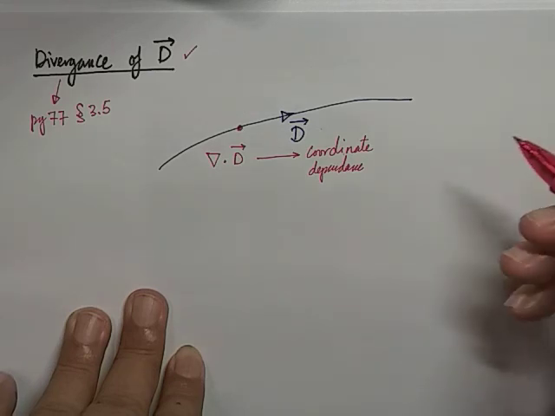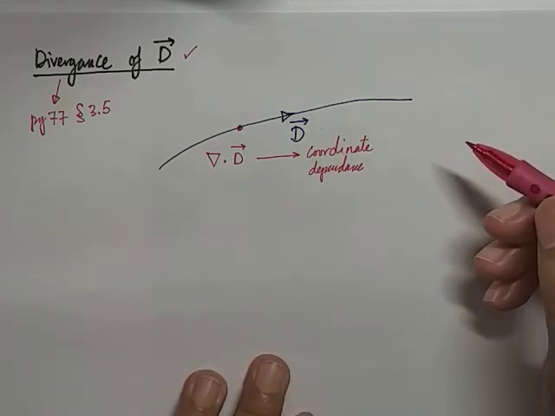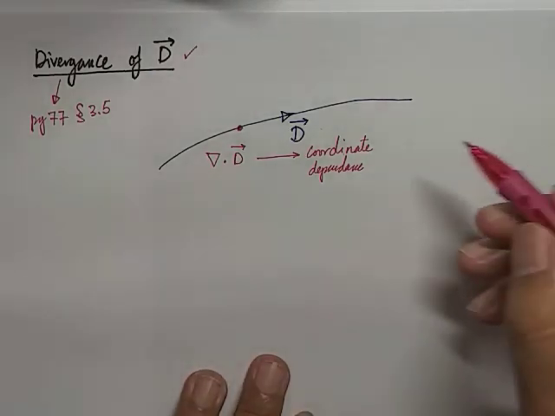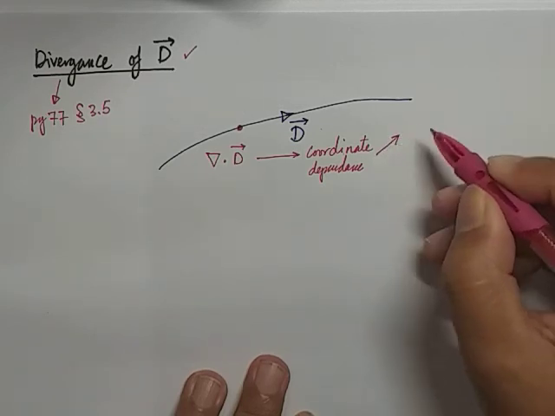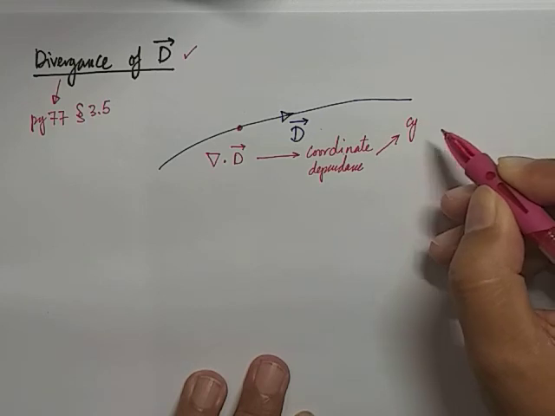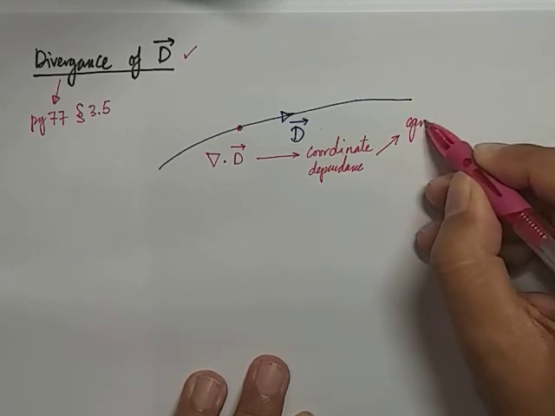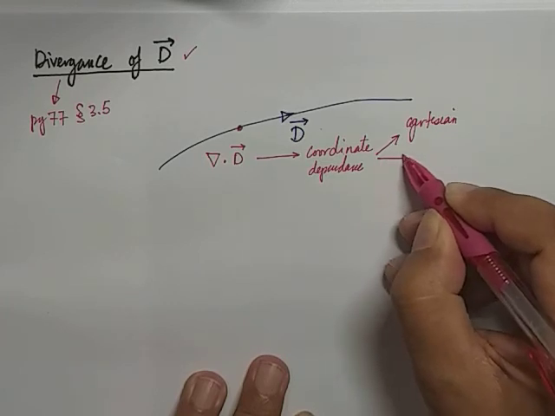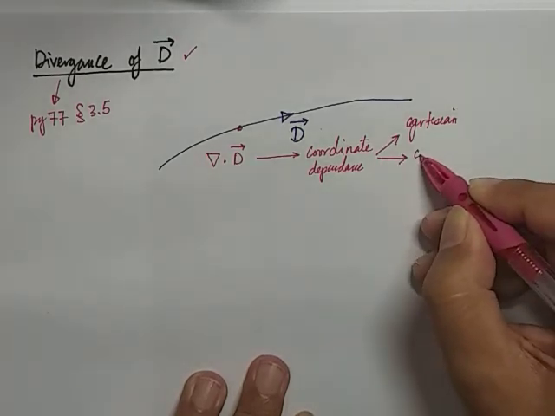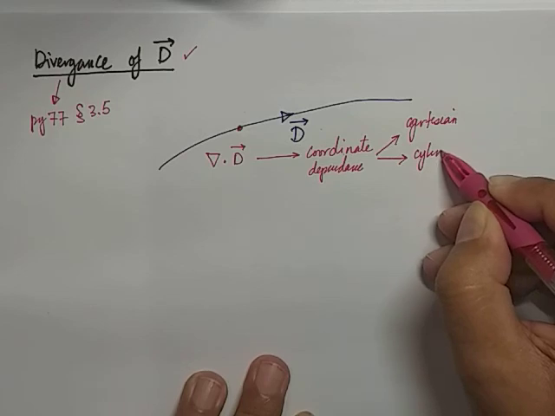And we know that in terms of EMT, there are 3 different coordinate systems that we can define. The first one is Cartesian. The second coordinate system that we have learned before is cylindrical.